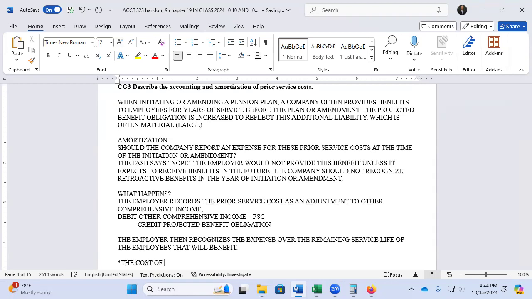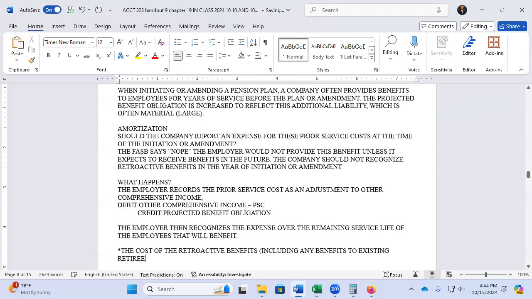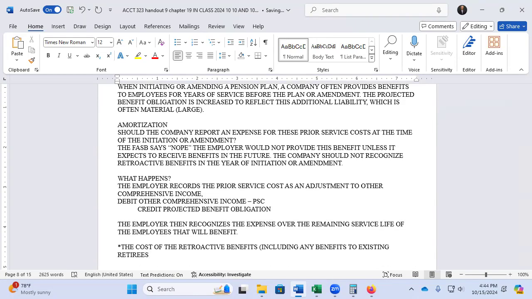And just as the cost of the retroactive benefits, including any benefits to existing retirees, is the increase in pension benefit obligation or projected benefit.